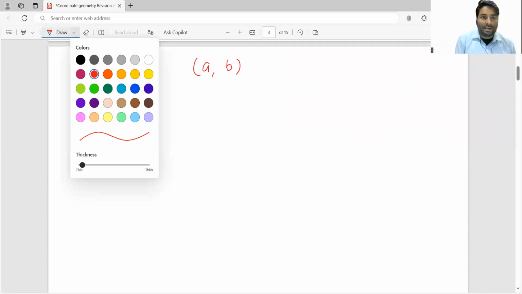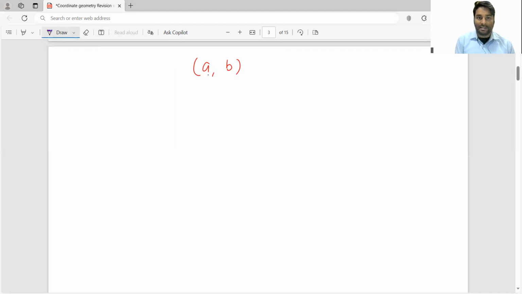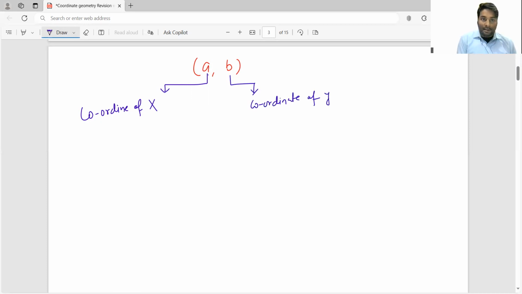So here, what is a and what is b, we all know. a is the coordinate of x, and b is the coordinate of y. This is also known as abscissa, and this one is ordinate.